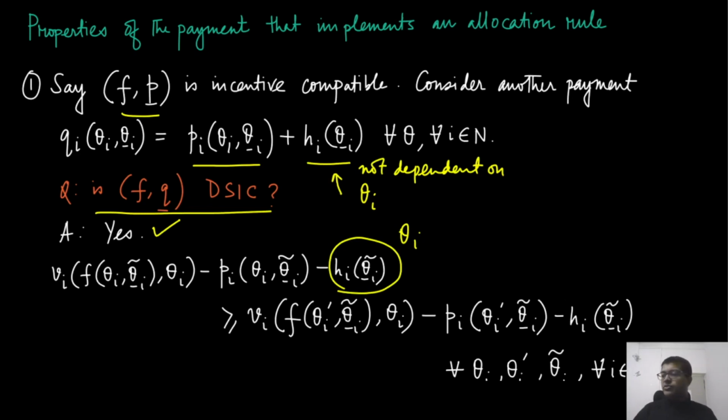It is always going to be cancelled out from both these sides, right? And the inequality that we already have is satisfied for f and p, because we have already assumed that this is going to be incentive compatible, then this inequality will always hold. If you just add another h_i of theta minus I, it does not really change any of the properties.